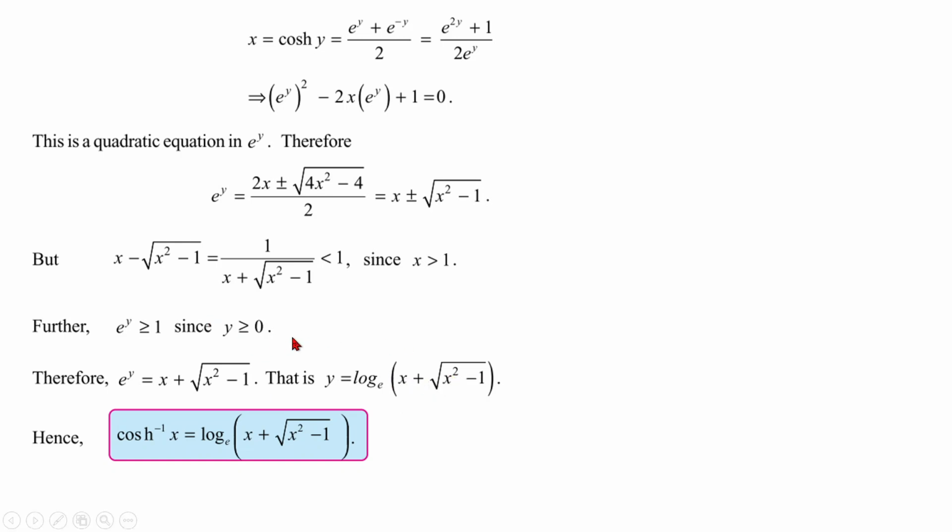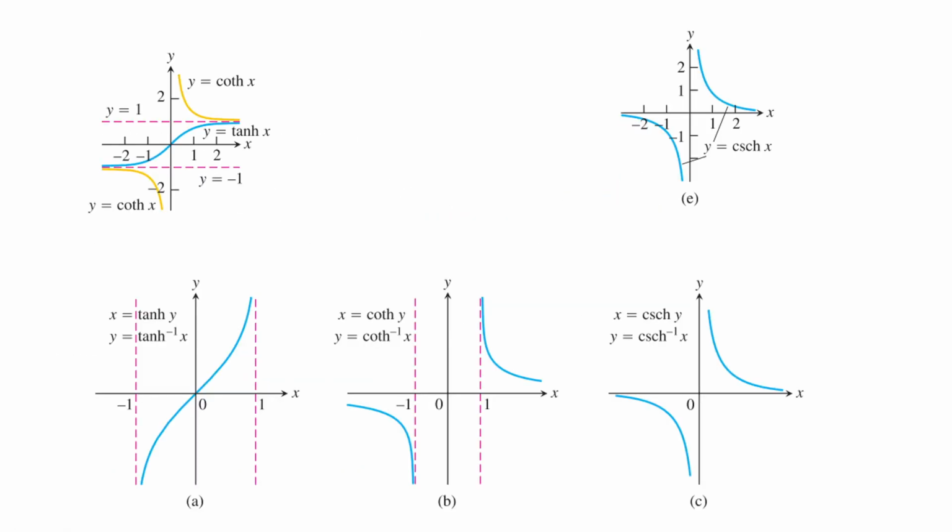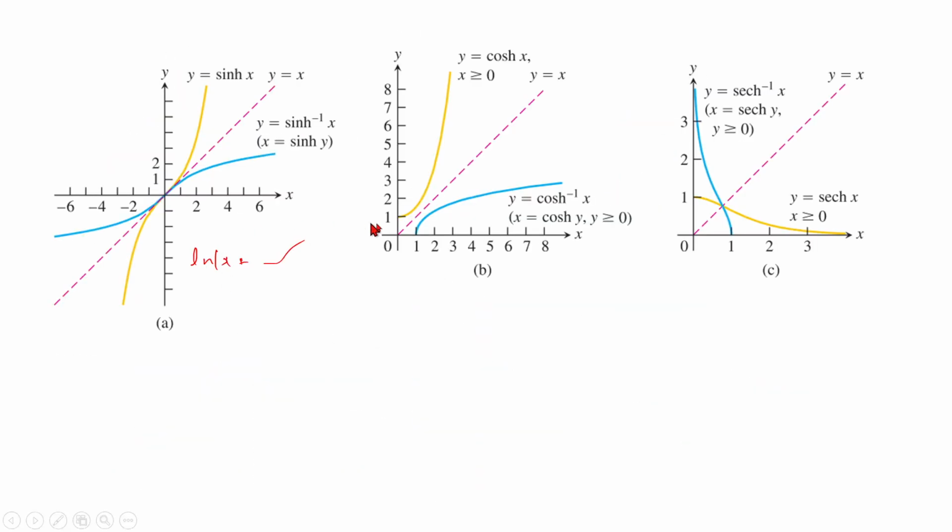Why is y greater than or equal to 0? Tell me, why are we choosing this? Why is this condition there? Because we have chosen that. Y is greater than or equal to 0, it never touches it. Understood. x equals this one and y is greater than or equal to 0.